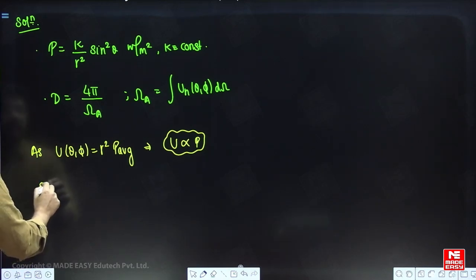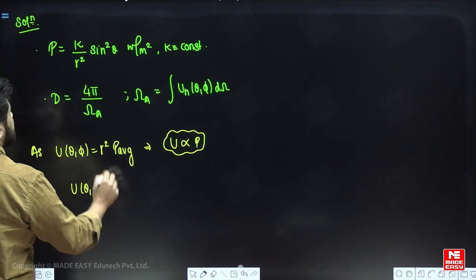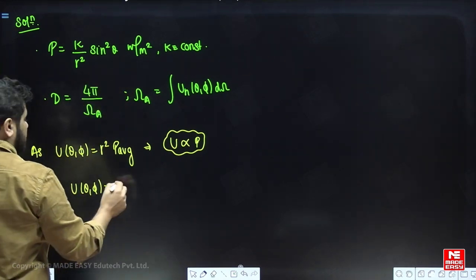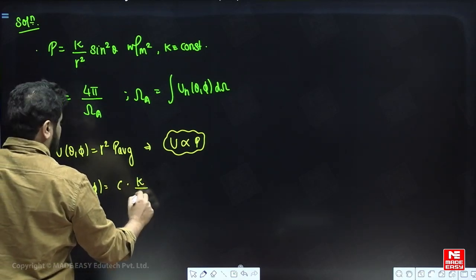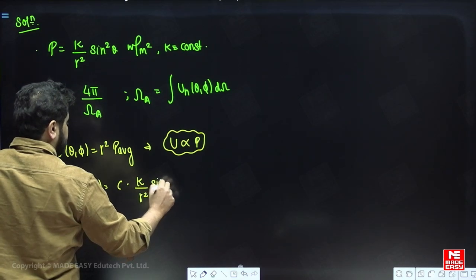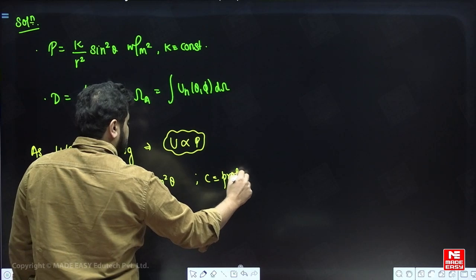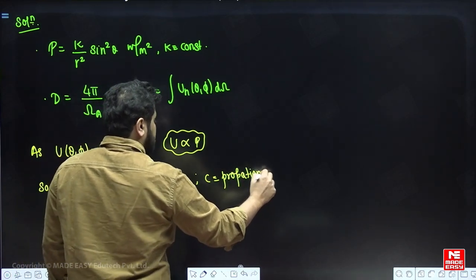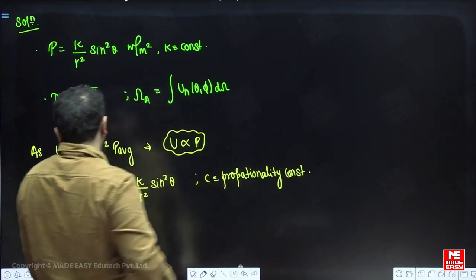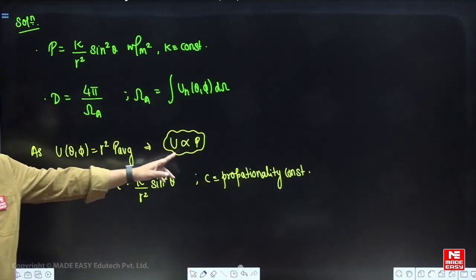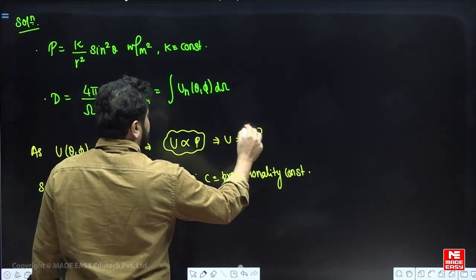So, I can say that U(theta, phi) is equal to C times P, watt per meter square, where C is some proportionality constant, so C times K upon R square sin square theta, correct. Let us assume it is a proportionality constant. So U(theta, phi) is directly proportional to P. That means I can say U is equal to some C into P. Can I write it like this?